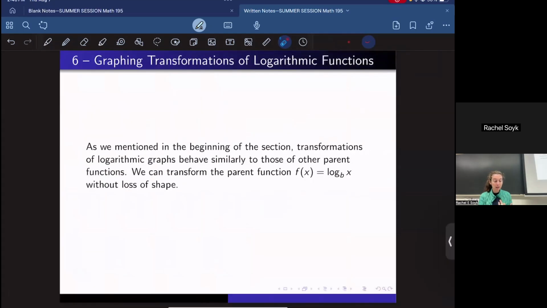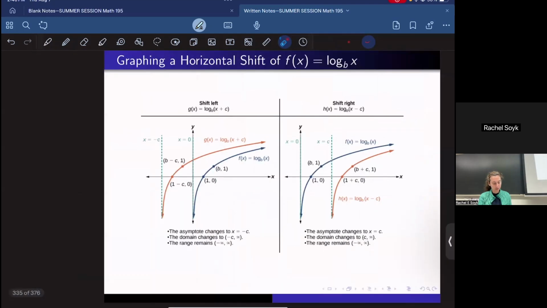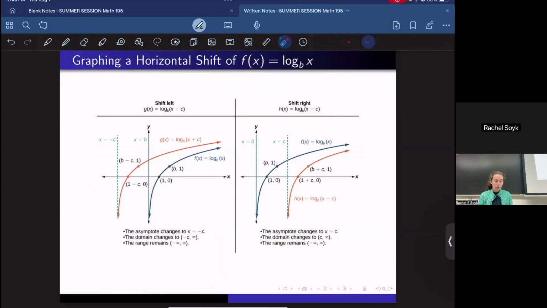So we're now on our sixth objective. And as we spoke about in the beginning, transformations of log graphs behave very similar to their parent functions. So now we're going to be looking at examples that do involve some shifting and transforming. And this is just a visual of seeing the horizontal shifts that take place.